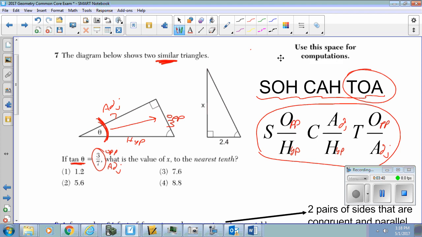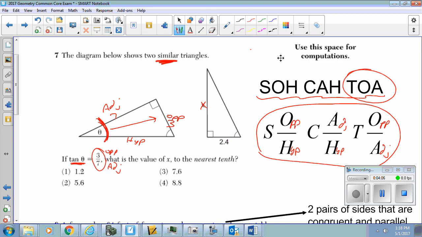When you see the 3 over 7, that doesn't mean that the actual lengths are 3 over 7. What that means is that the ratio of the opposite side to the adjacent side is 3 to 7. So we could actually put 6 and 14 here, and it wouldn't change our answer at the end. Okay, but it says if tangent theta equals 3 over 7, what is the value of x? So x is over here.